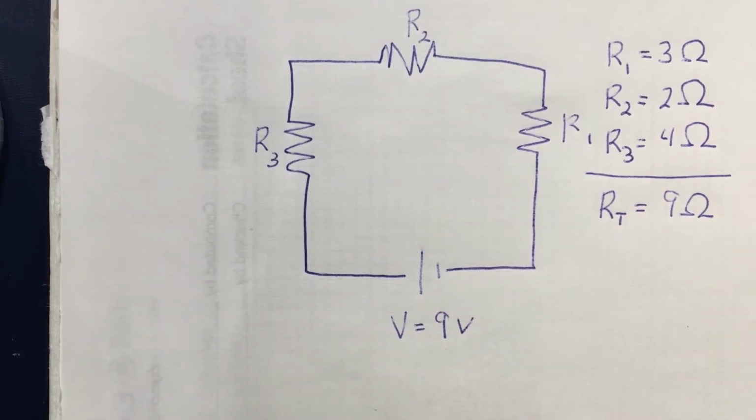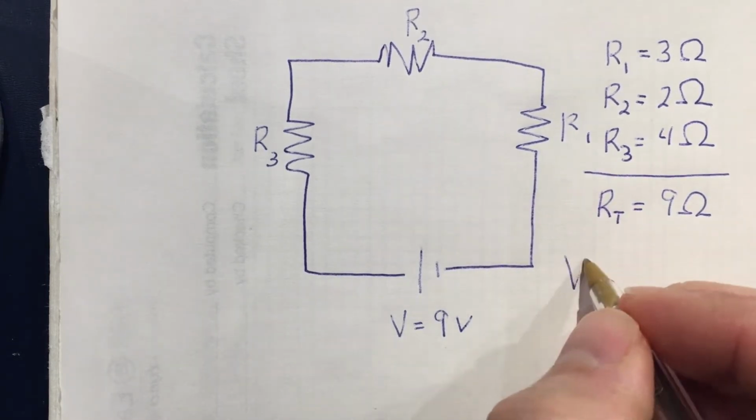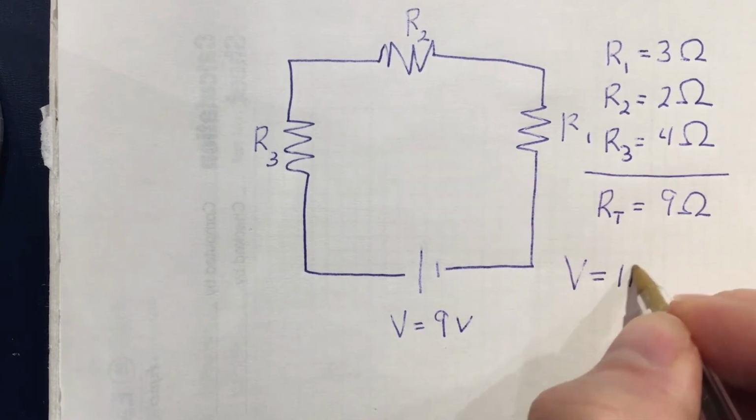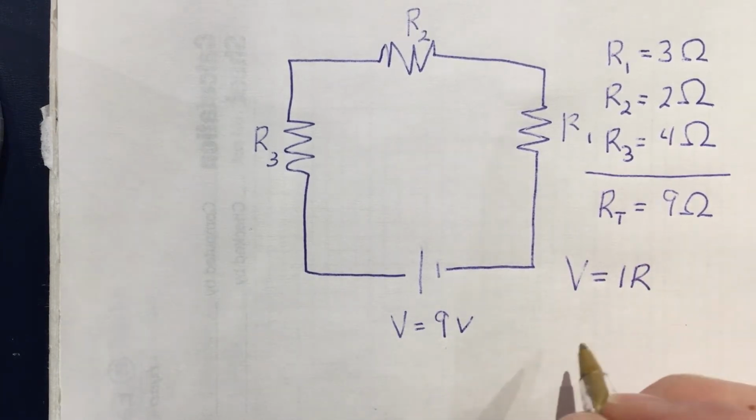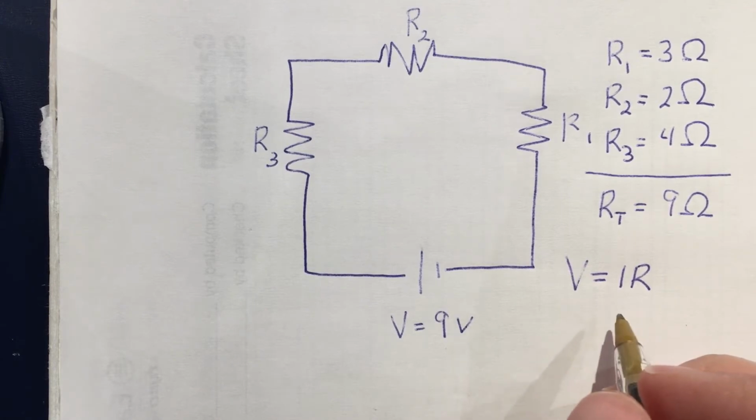Now, we can figure out the current at any point in this circuit by remembering that V is equal to IR. This is always how I remember this equation. Yes, we can solve it for any part.